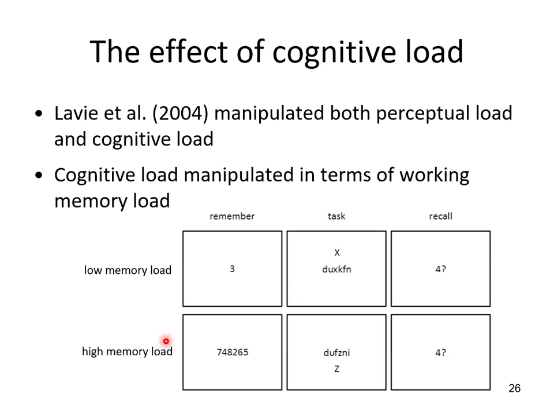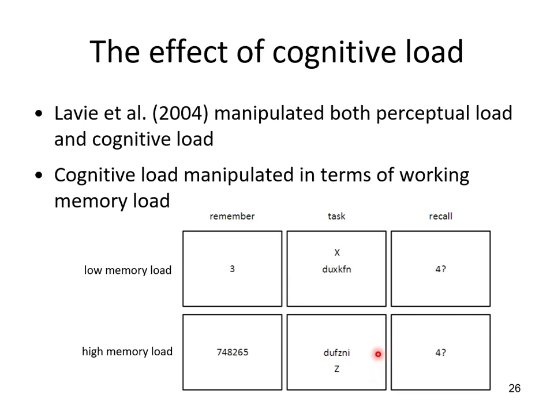And at the same time, in the middle task, Lavie tried to replicate their original experiment. In this slide, in this example, you have a high perceptual load condition, but in the actual experiment, you also have a low perceptual load condition.